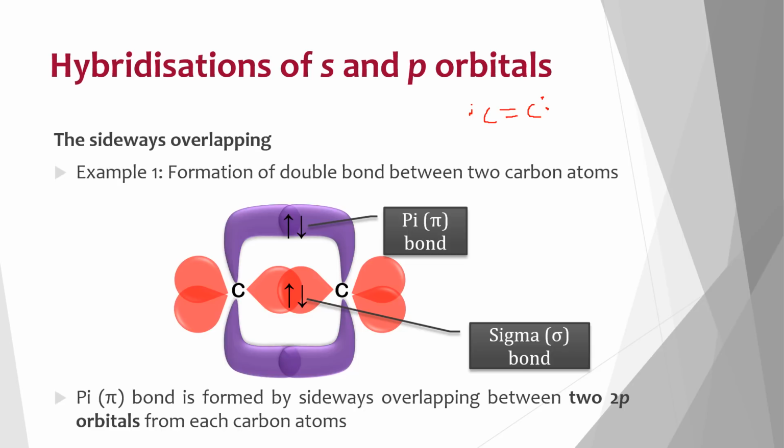One of the bonds between the carbon atoms is a sigma bond, while the other bond is a pi bond. Pi bond is formed by sideways overlapping between two p orbitals from each carbon atom. I will show you how the pi bond overlaps between the two carbon atoms after you have learned what hybridization is.